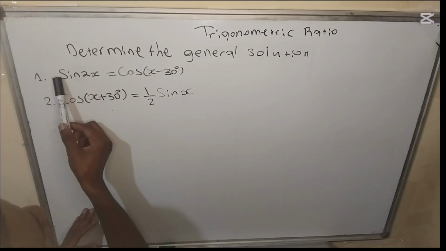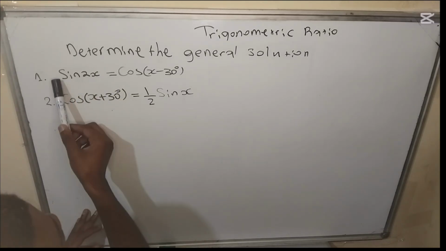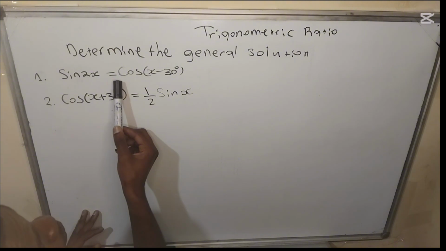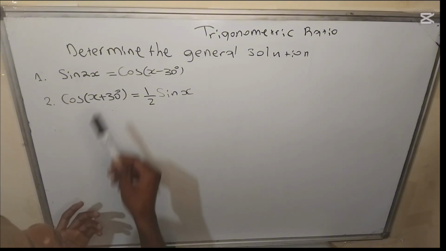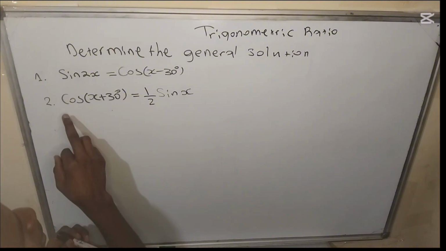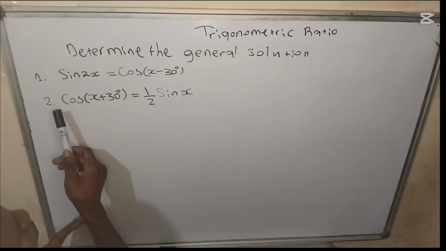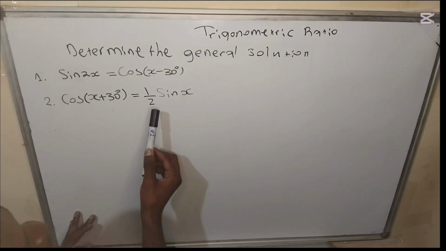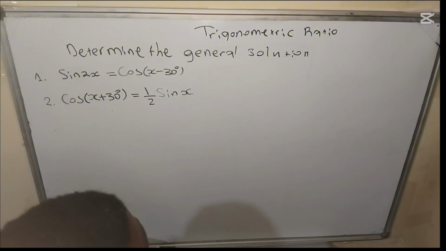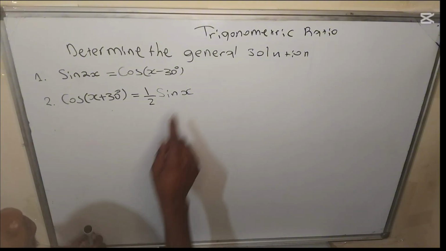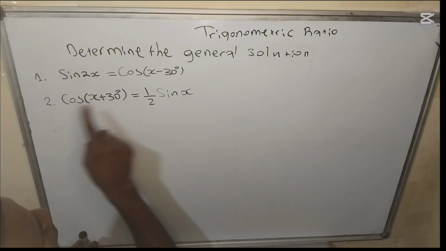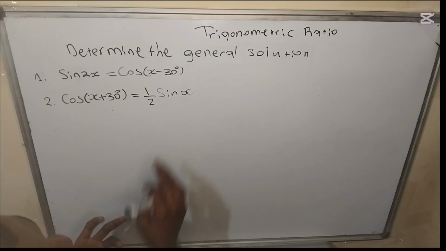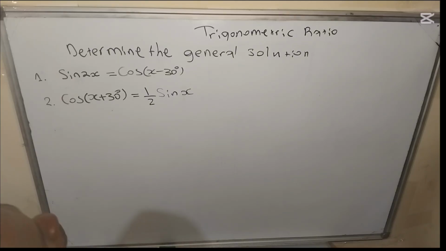The coefficient of sine is 1, which is an amplitude. Even the coefficient of cos is 1, which is an amplitude. But when it comes to our second equation, the coefficient of cos is 1, but the coefficient of sine is half. Those are two things that make these two equations different from each other.